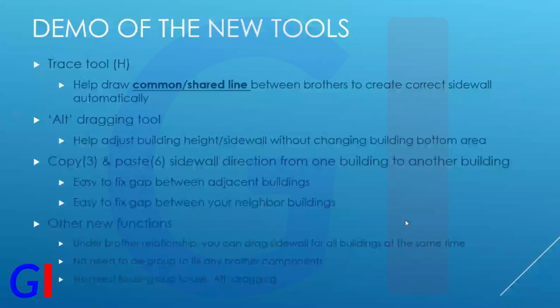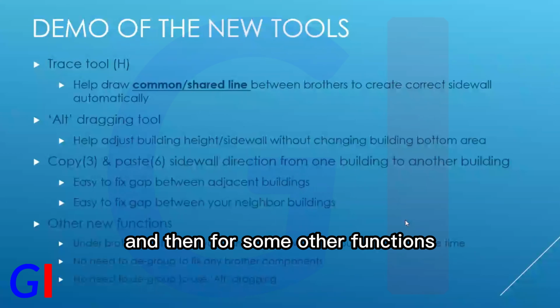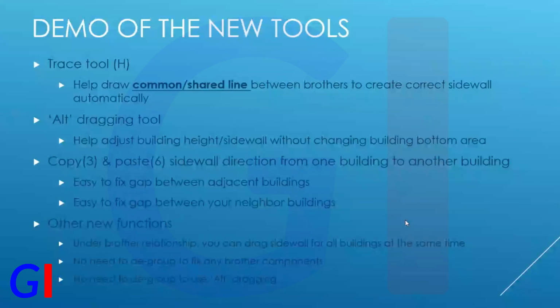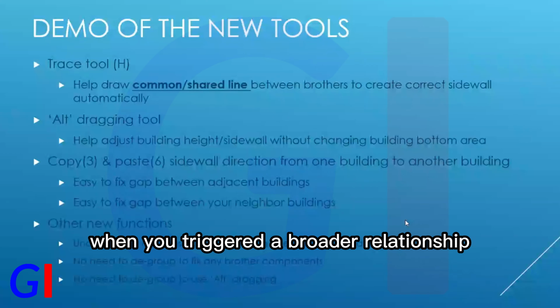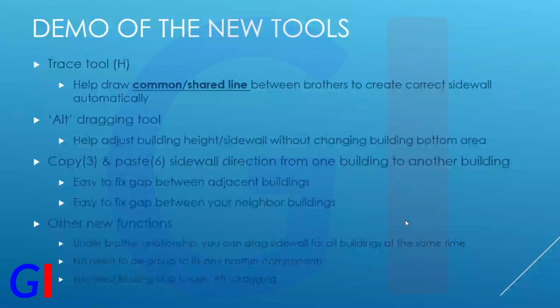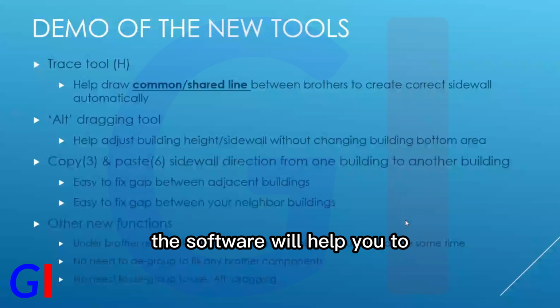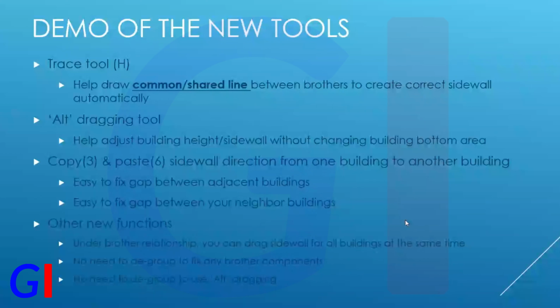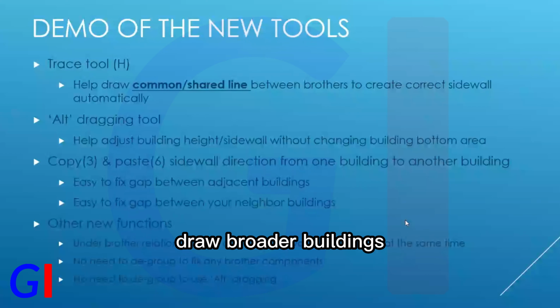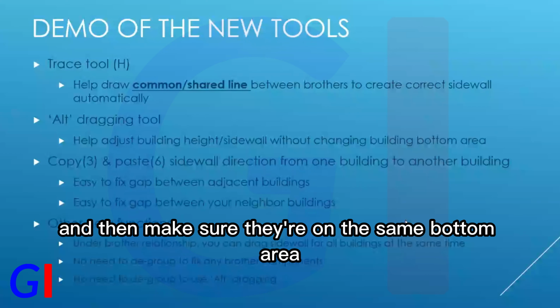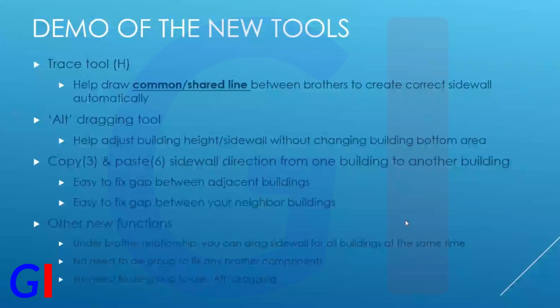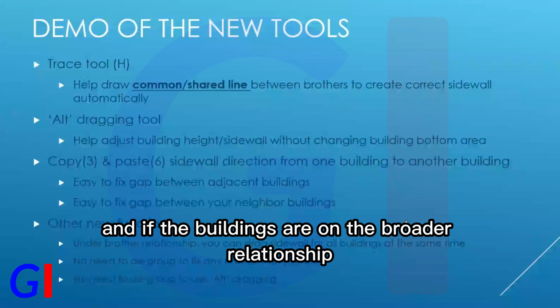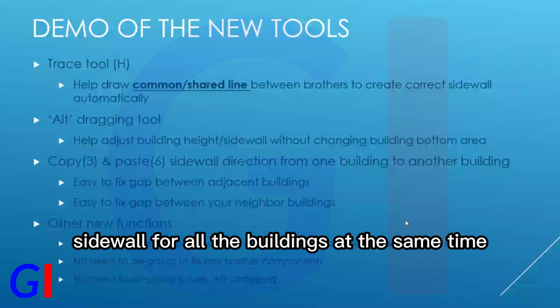adjacent buildings. And then for some other functions, when you trigger the brother relationship, the software will help you to draw brother buildings and then make sure they're on the same bottom area. And if the buildings are under brother relationship, you can just sidewall for all the buildings at the same time.